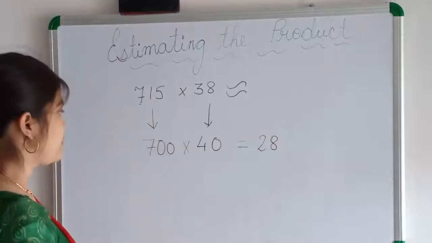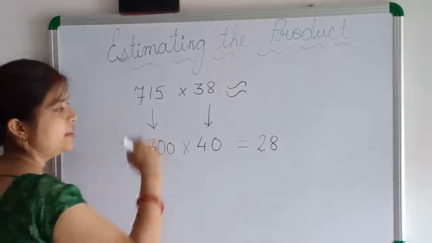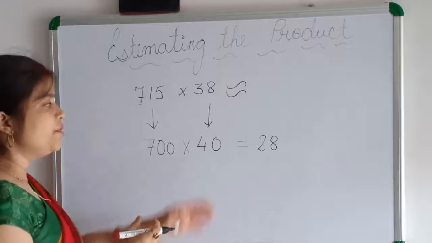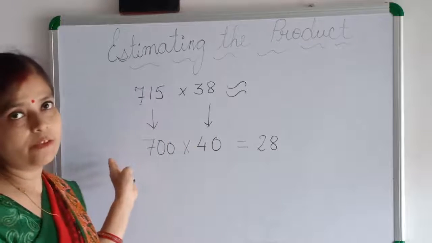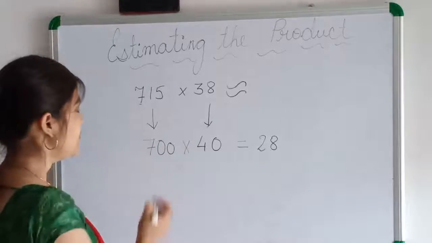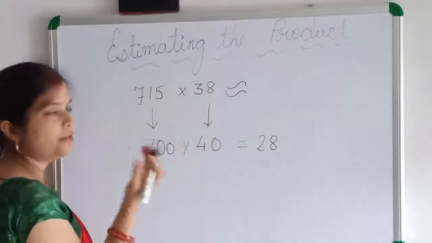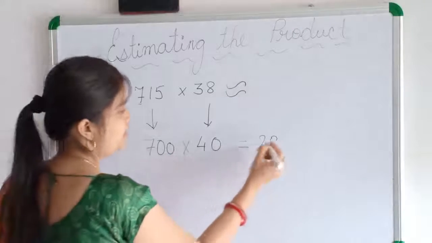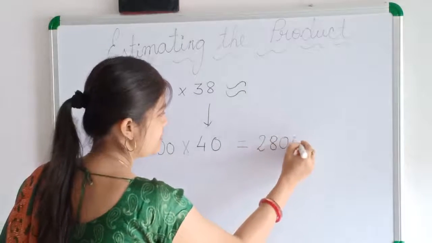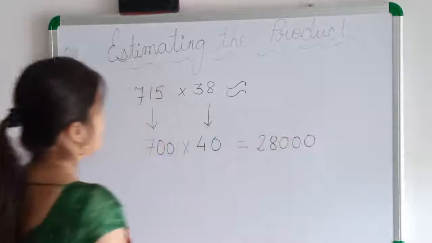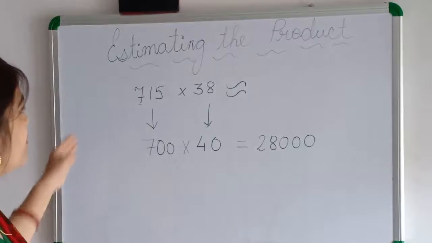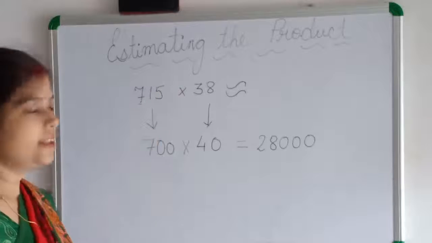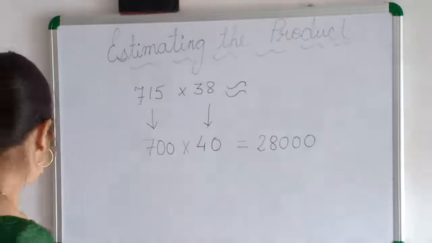After that, we will add the total number of zeros which are on the left hand side of the equal sign. You can find how many. Count the number of zeros. 1, 2 and 3. So we will write 3 zeros here. So this is the estimated product of 715 and 38. That is 28,000.